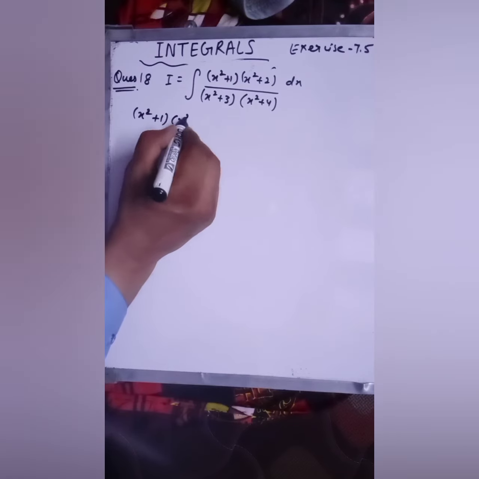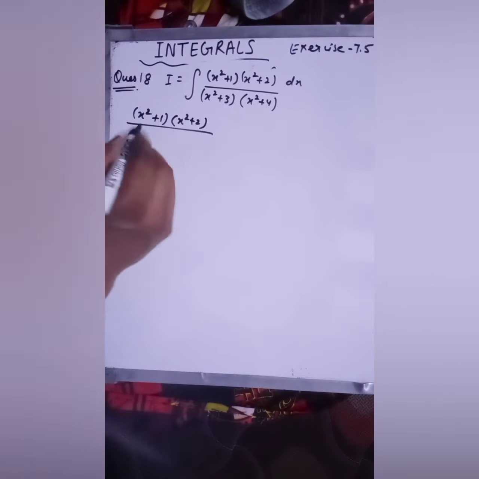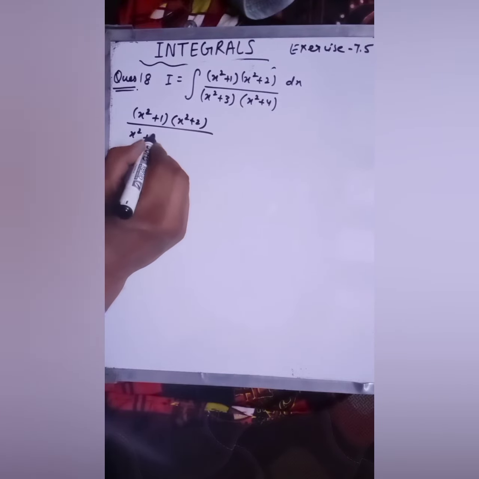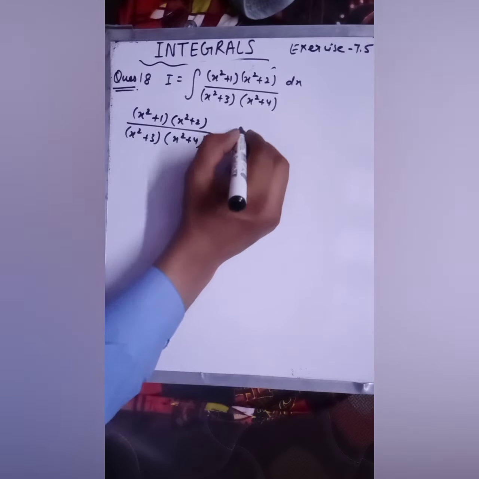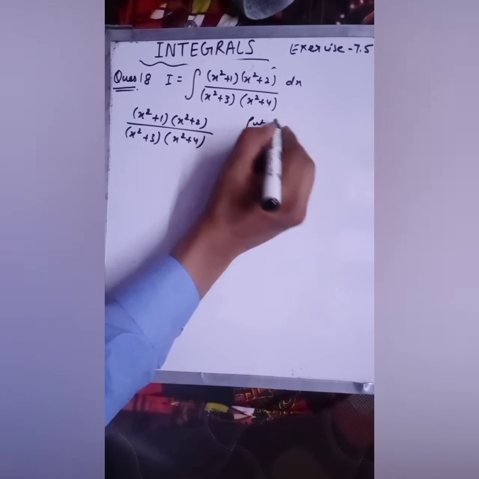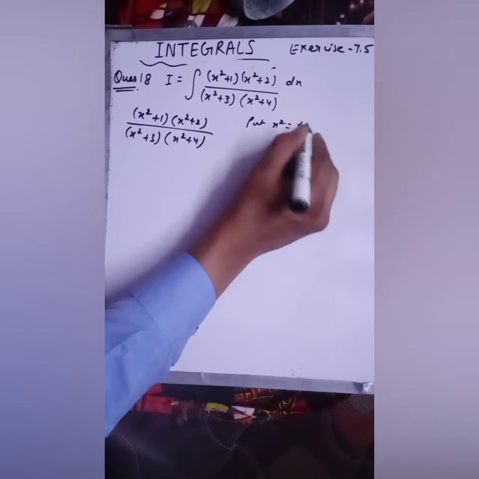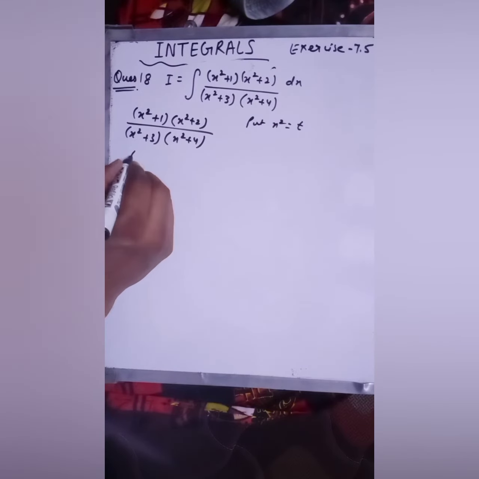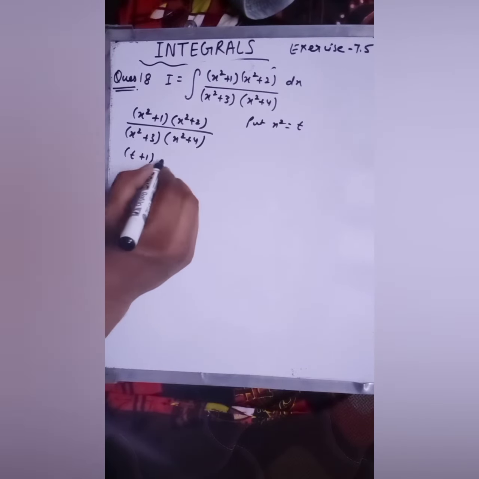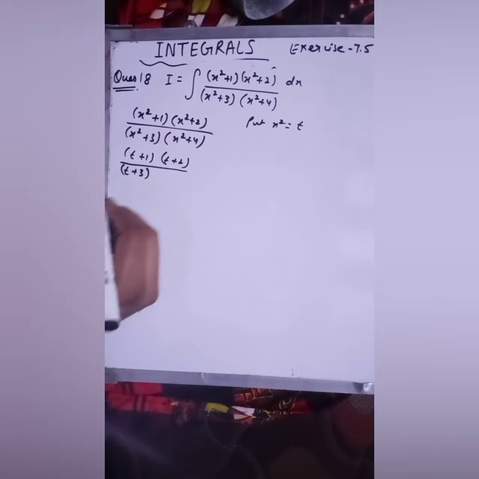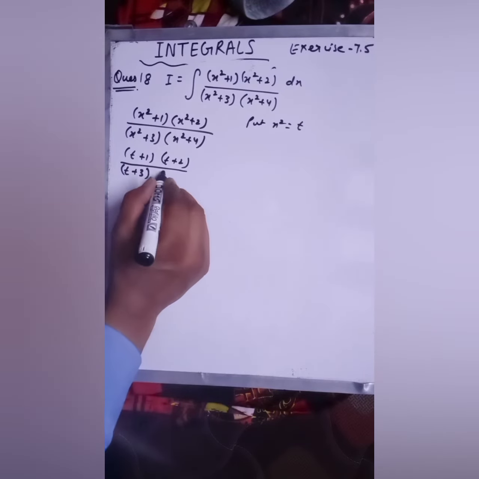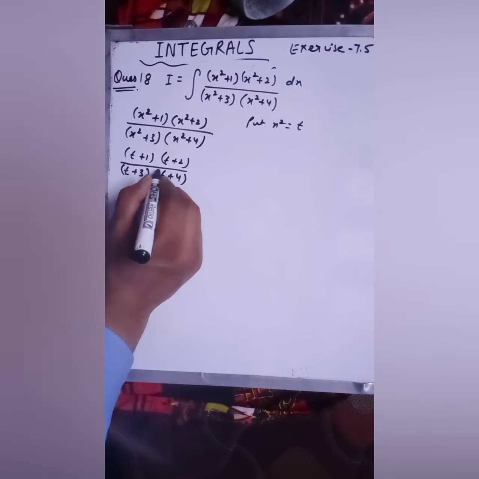this is your main rational function. Okay, so I'm just assuming that put x square is equal to t. So this would be t plus 1, t plus 2 over t plus 3 and t plus 4.